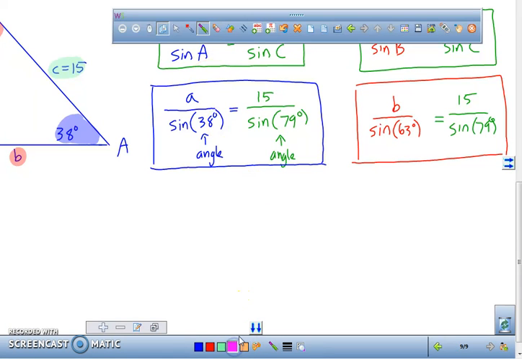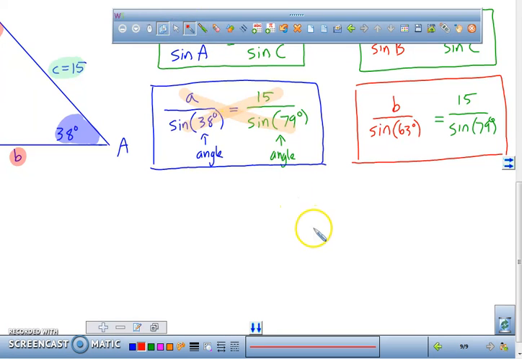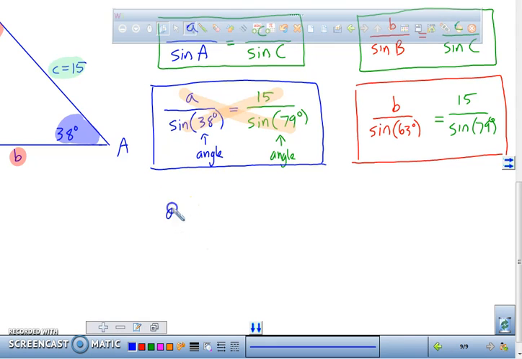So I'm going to choose a different color right now. I'll use this orange color, maybe that's useful. We're going to cross multiply so you can still see through things. So what are the cross products right here? The cross products are going to be a times the sine of 79. So in your journal, what I'd like you to write is a times the sine of 79.